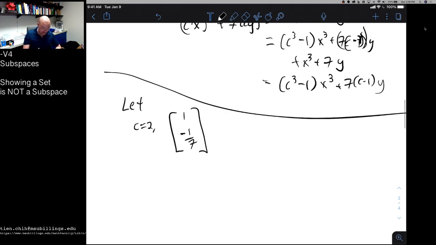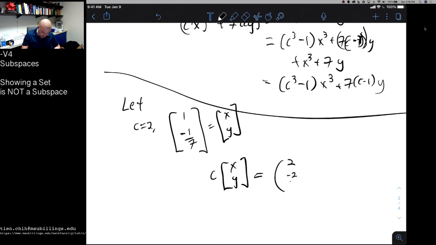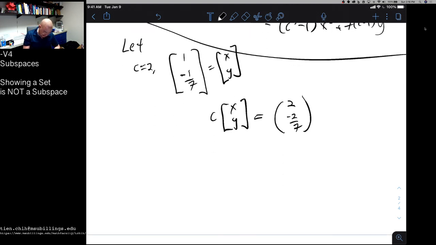And we're going to note that c(x, y) is going to be (2, -2/7), and then 2 cubed plus -2/7 times 7 is going to be 8 minus 2, which is 6, which is not 0.